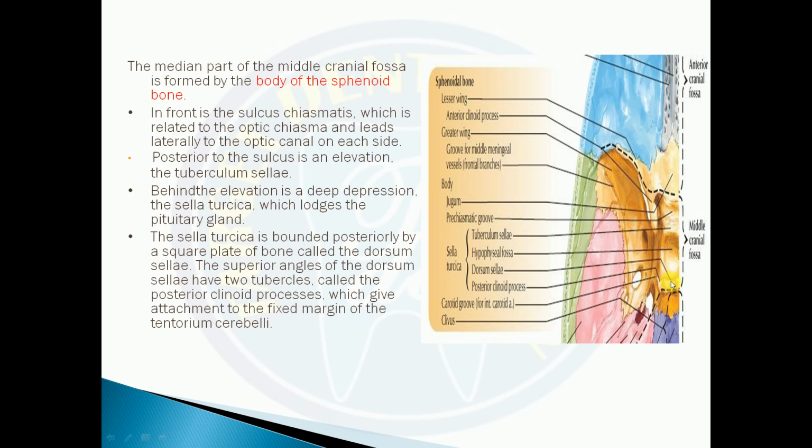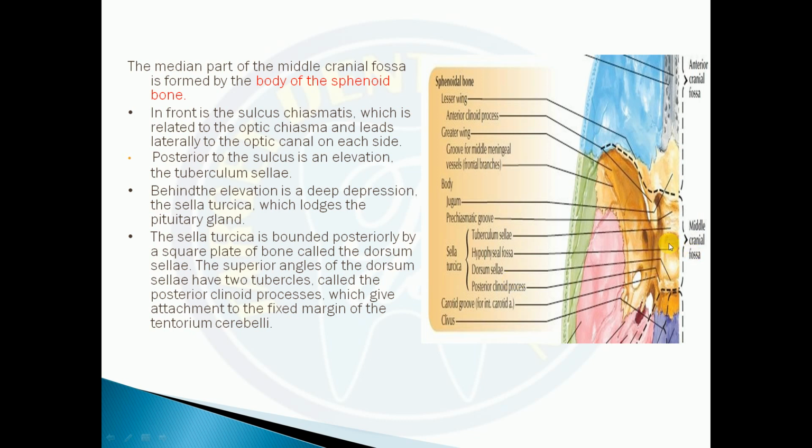It has two tubercles, which are the posterior clinoid processes. What is the function of the posterior clinoid processes? They give attachment to the fixed margin of the tentorium cerebelli.